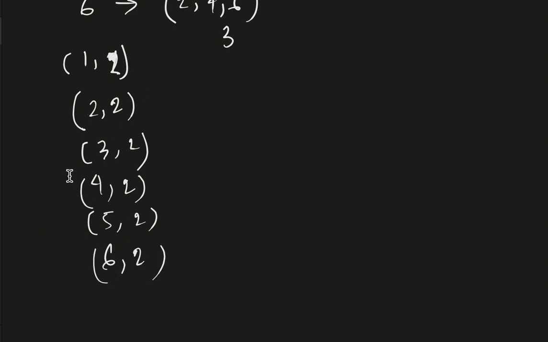How many ways do I get 2? It can be 1,2; 2,2; 3,2; 4,2; 5,2; 6,2. Let's count: 1, 2, 3, 4, 5, 6. So 6. Similarly with 4 we get another 6: 1,4; 2,4; and so on. And if we use 6 again, similarly 1,6; 2,6; 3,6; 4,6; 5,6; 6,6.